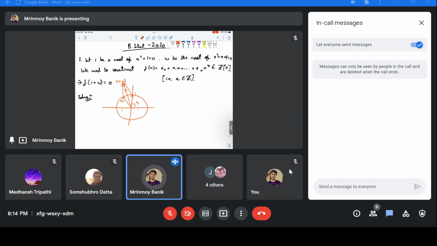So this angle is 90. This is 120. So this is 30. This angle is 15. So this whole angle is 105.